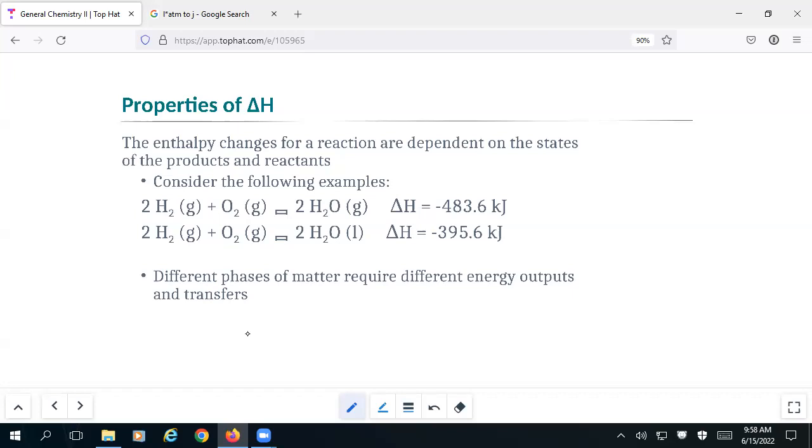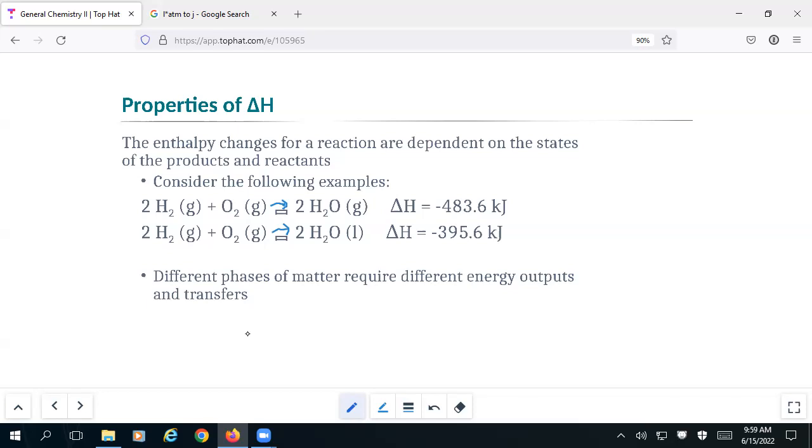Something we haven't had to consider yet has been the phase of matter. Sure, we've considered phase of matter from the standpoint of this phase of matter is excluded from the equilibrium and this one is not.